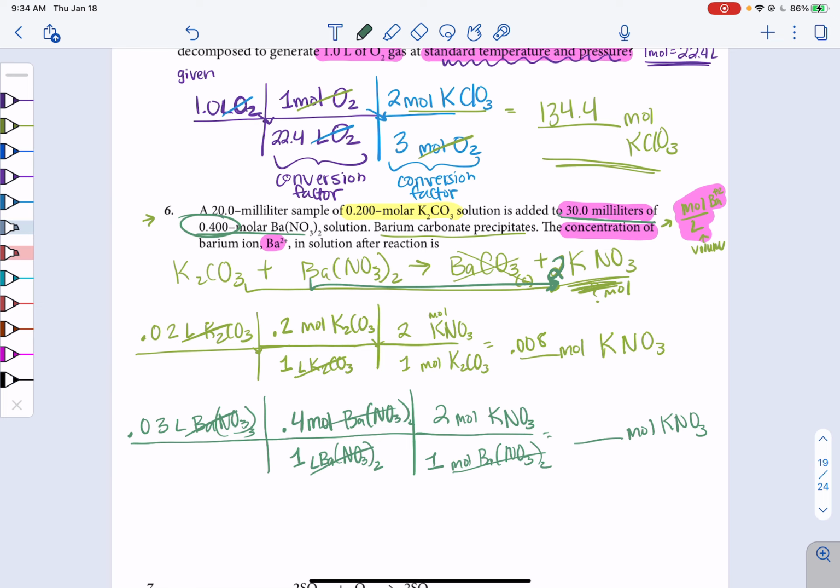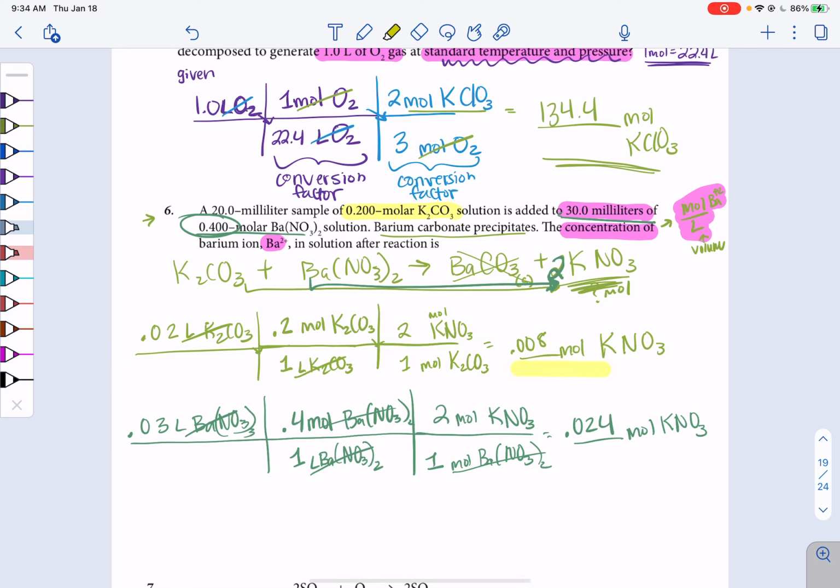Okay, so I'm going to work out this: 0.03 times 0.4 times 2 divided by 1 gives me, I don't feel like I got that the first time, hold on, gives me 0.024.